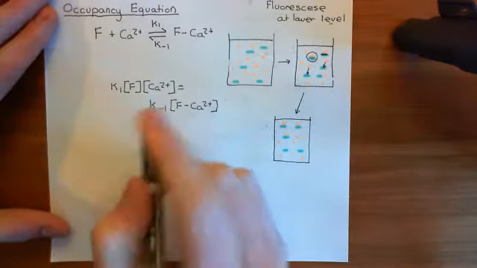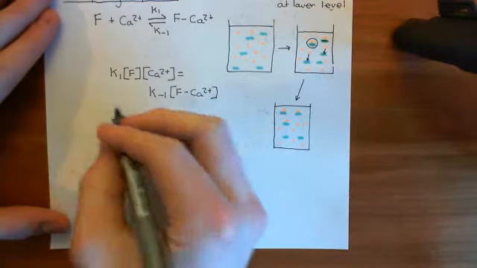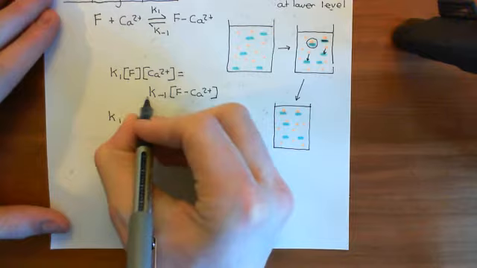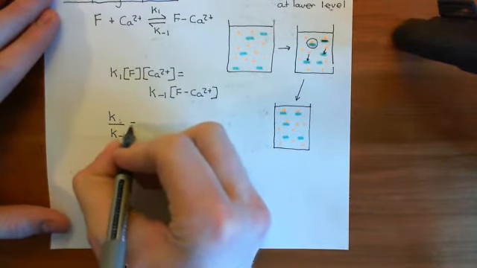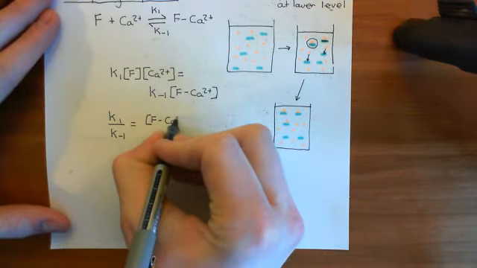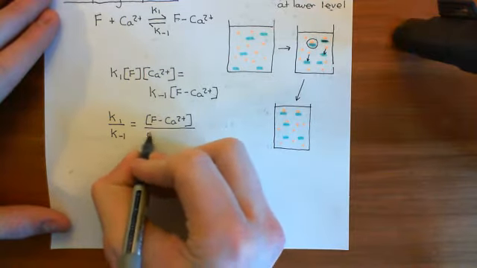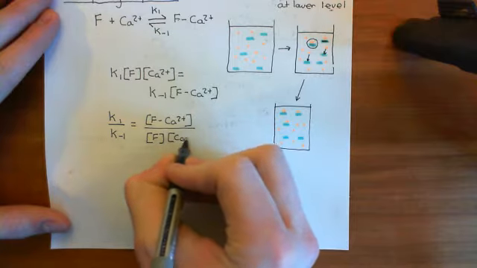Now this gives us the equation for an equilibrium, because we can take this rate constant over to the other side and have K1 divided by K-1 is equal to the Fluo-4 calcium complexes divided by the concentration of free Fluo-4 times the calcium concentration.